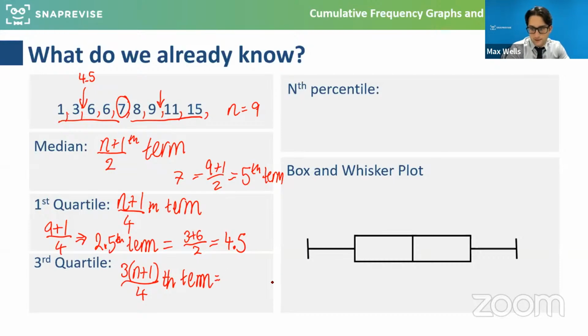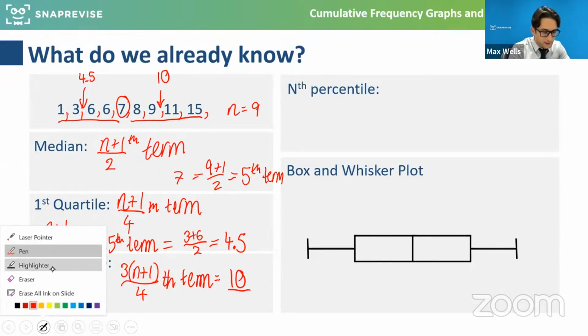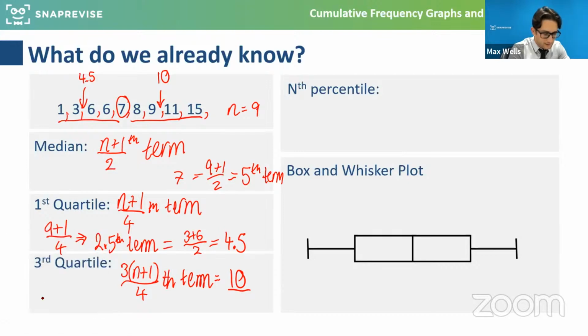In this case it would be 10, because it would be between 9 and 11. And then we can see visually that the data is in fact split into 4 chunks if we do that: 2 values lower quartile, 2 values median, 2 values upper quartile, and so on.